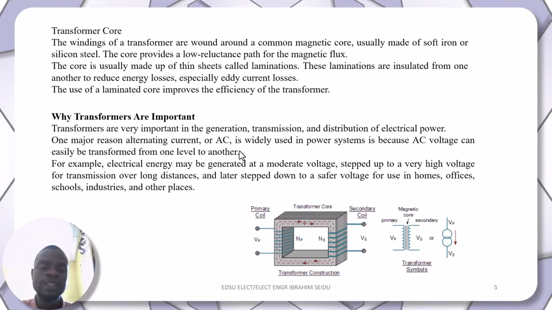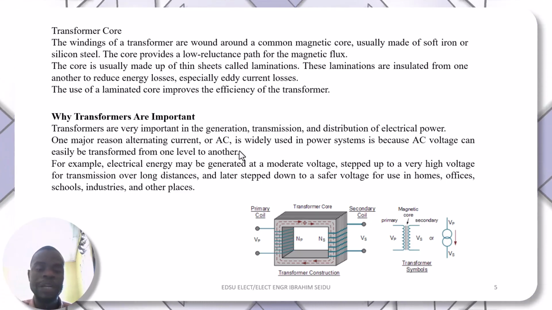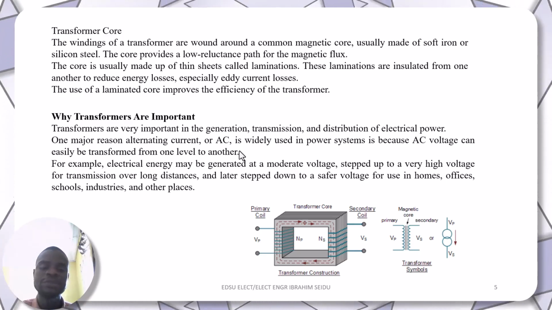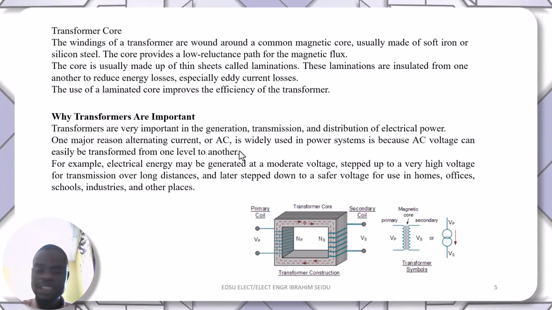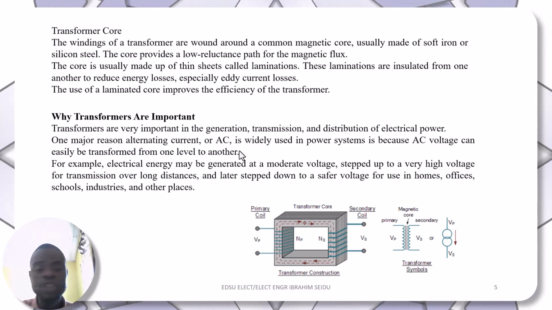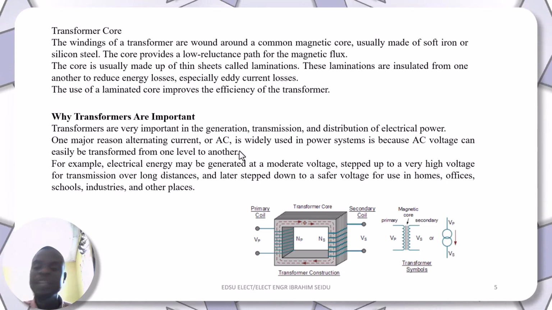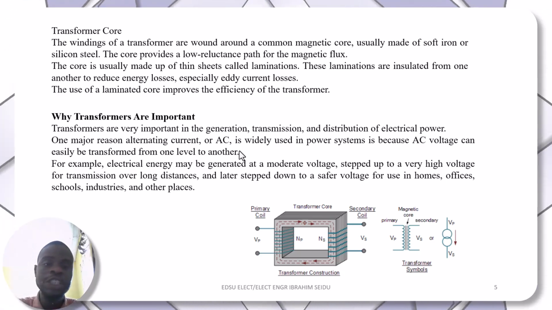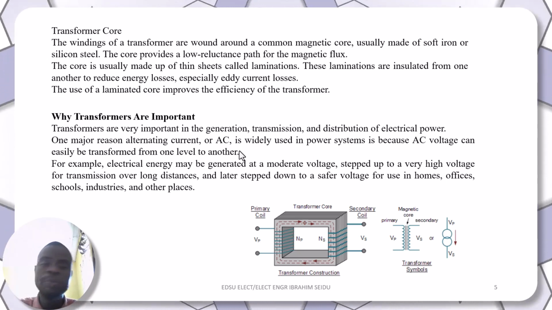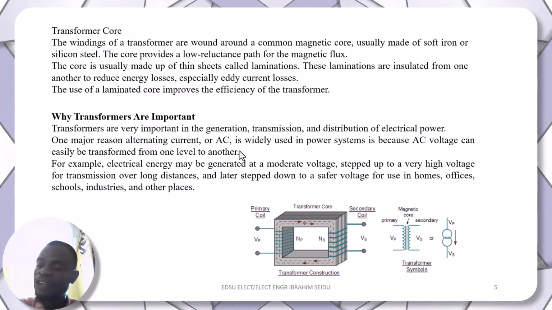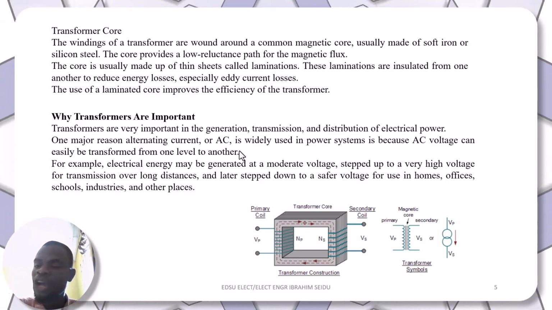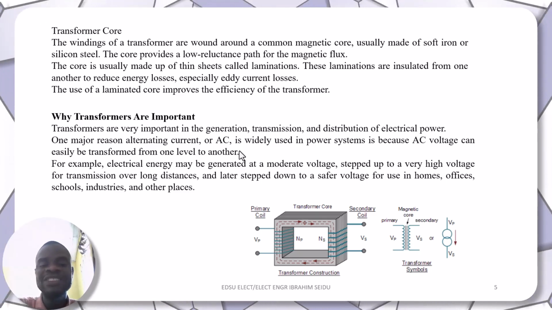One is located in Shiroro, known as Shiroro Power Plant, and it's a hydro power station, which means that generating station was located there because of the source of water that is there. Now after generating, the generation that normally takes place in Shiroro Power Station is at 16 kilovolt. Yes, 16 kilovolt.